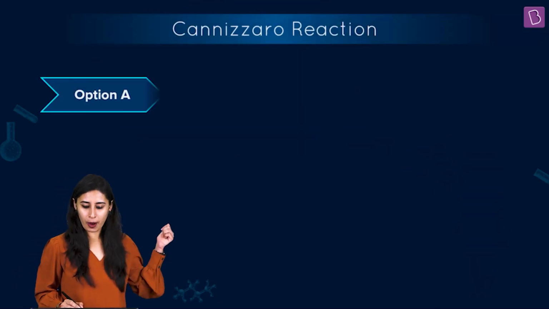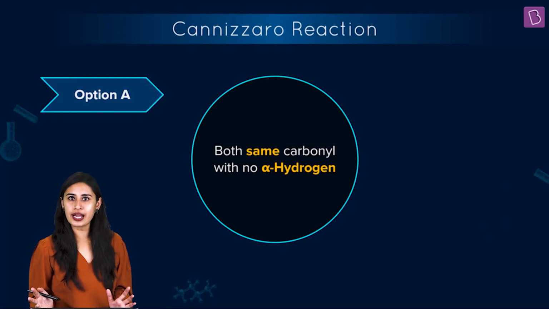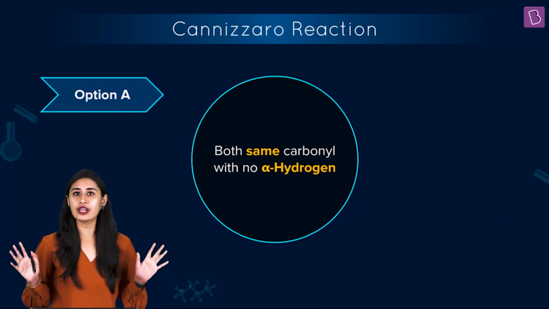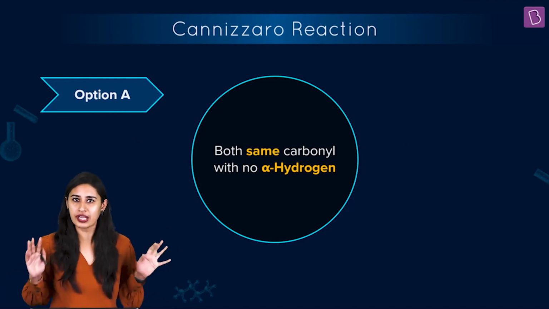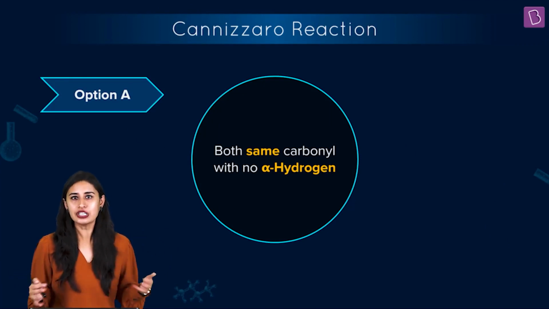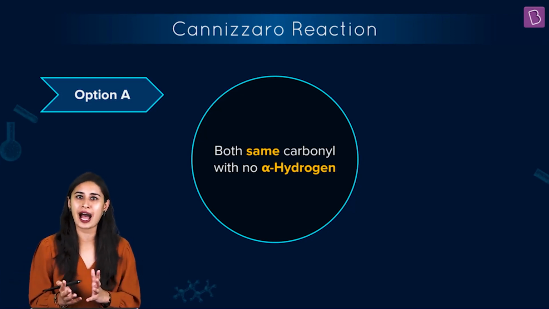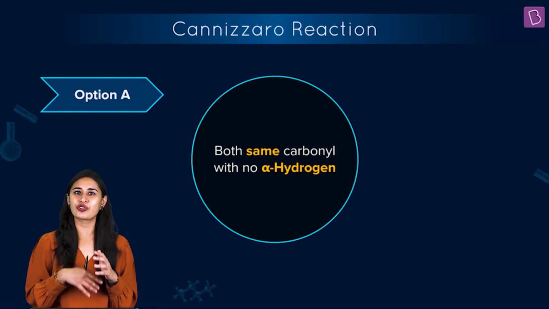Check it out. For option A, Cannizzaro reaction, what do we need? We need no alpha hydrogen. The carbonyl compound should have no alpha hydrogen. That's the prerequisite. And you know what happens in Cannizzaro reaction. There is a disproportionation reaction. It's a self-oxidation reduction reaction.